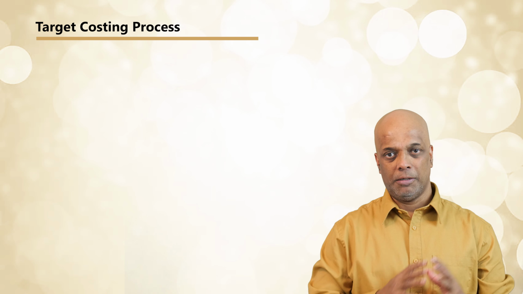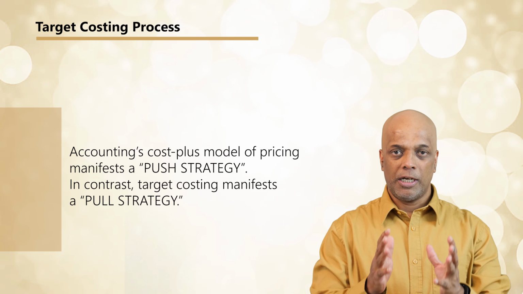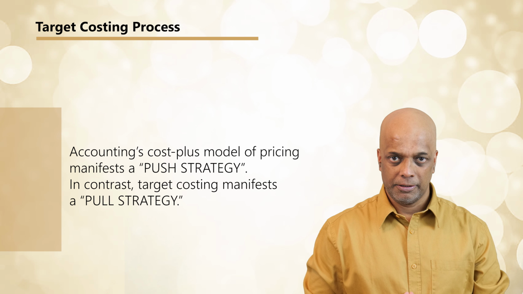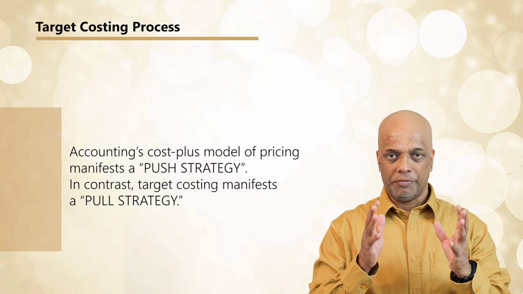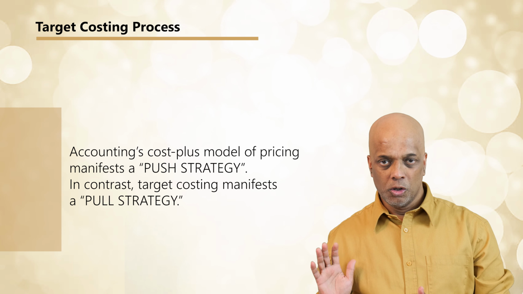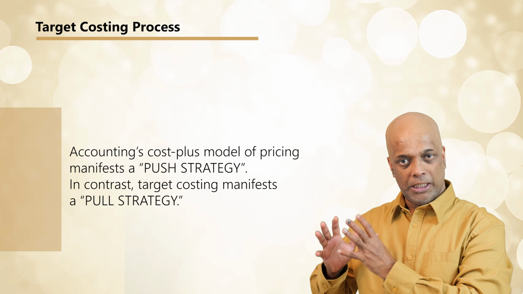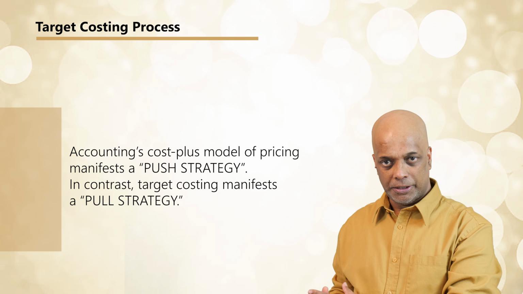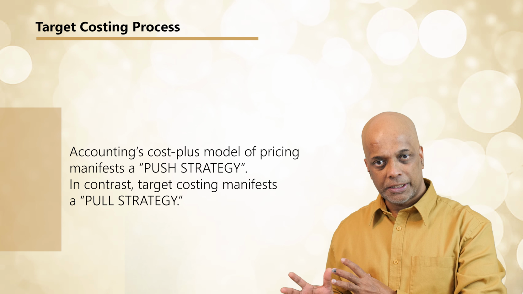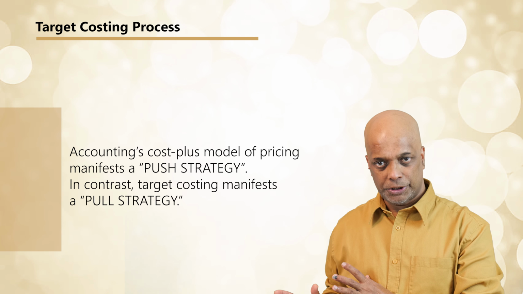As I discussed in my previous lecture, when we were talking about accounting models of pricing, we understood that cost plus pricing is a push strategy. Cost plus pricing is factory driven, factory based, or production based. It calculates the cost of producing and delivering our goods.